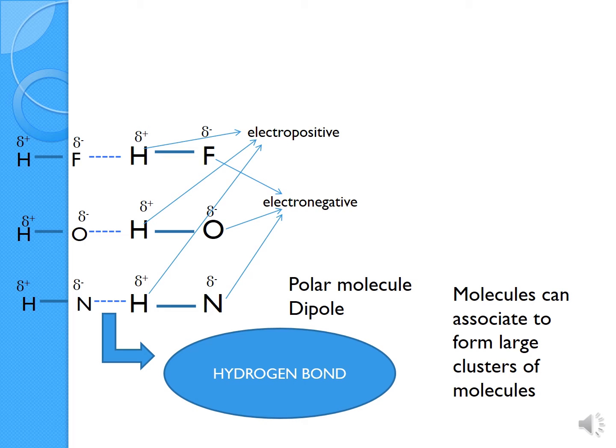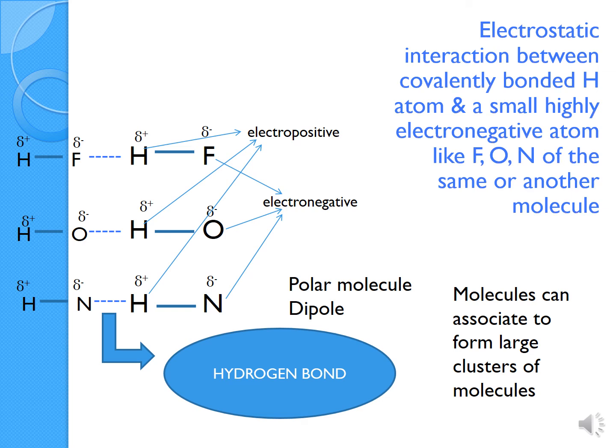So in this way, if another HF molecule comes here, there will again be electrostatic force of attraction between this negatively charged fluorine and the positively charged hydrogen of this third hydrogen fluoride molecule. So in this way, a number of hydrogen fluoride molecules can associate together, resulting in the formation of a large cluster of molecules. A long chain will be formed like this.